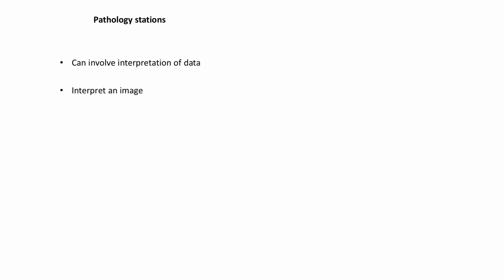And in pathology stations, there can be interpretation of data, like interpretation of laboratory results, interpretation of a pathology image, can be an image demonstrating a lesion, and then questions are asked, like what can be the cause.